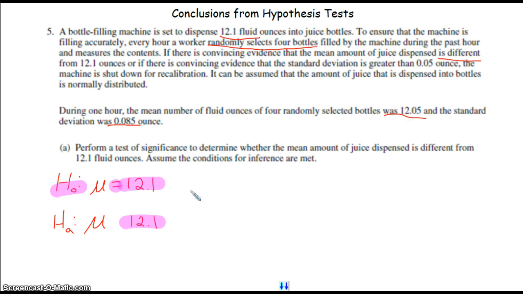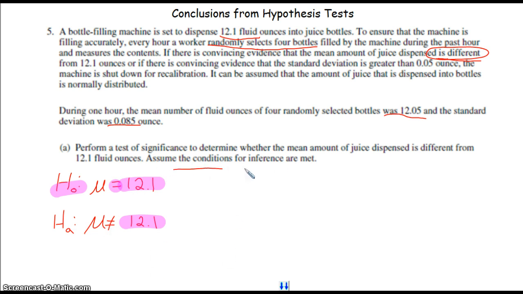Now down here we have to go back in the problem and realize, is it a greater than, less than, or not equals to? And what we can do is come back here, is different. So we don't care if it's more than or less than, we're just saying, is it not equals to? So our null hypothesis, the mean amount dispensed is 12.1 ounces. Our alternate hypothesis, the mean amount is not 12.1 ounces.